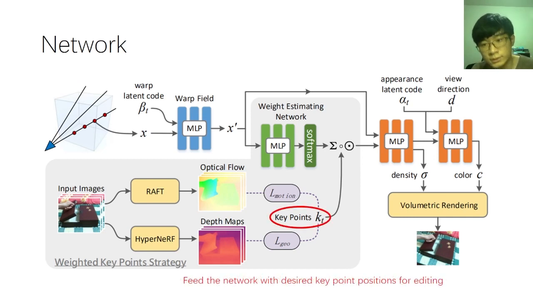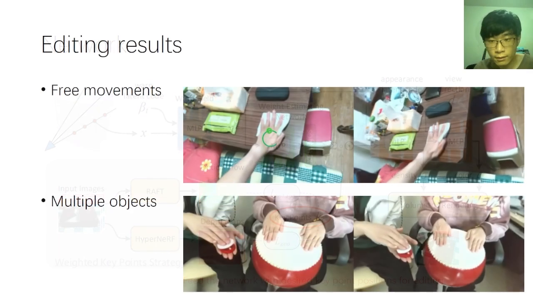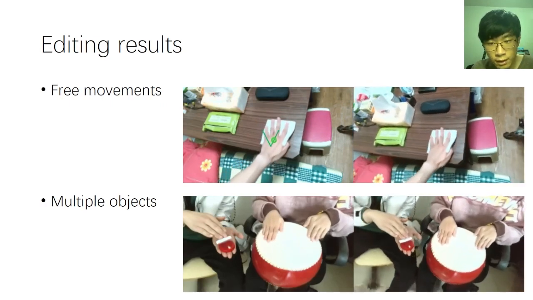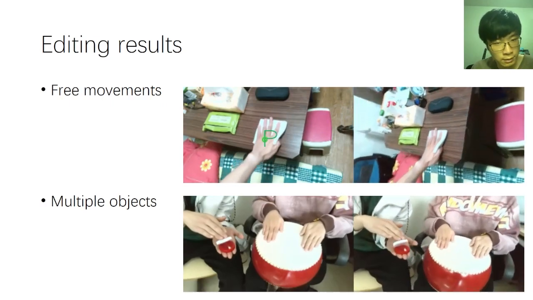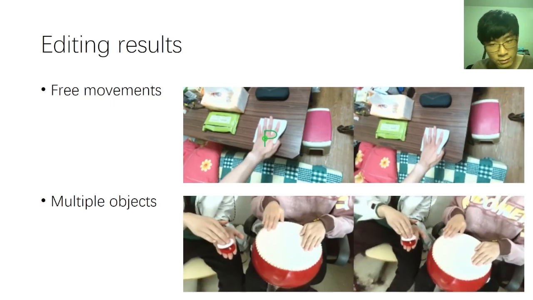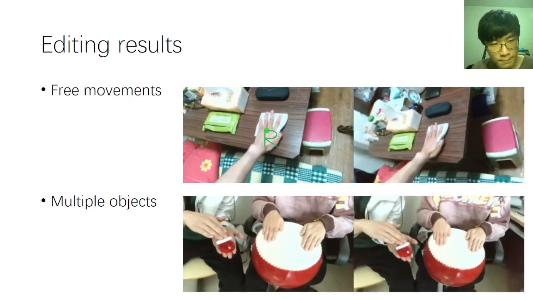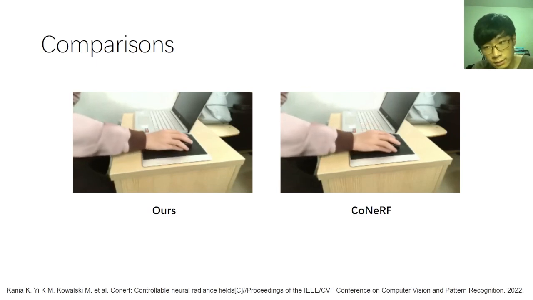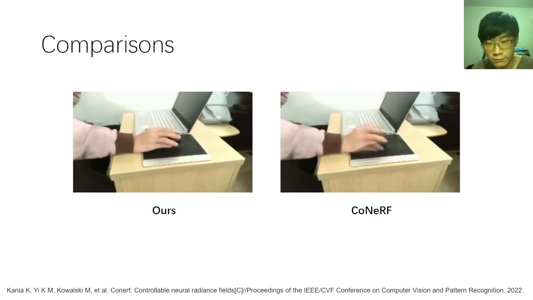After training, users can easily edit the dynamic scene by controlling the key point positions. Here we show more editing results of our method, including frame movements on the table and editing 3 objects individually. Here we compare our method with a NeRF editing method called CoreNeRF.